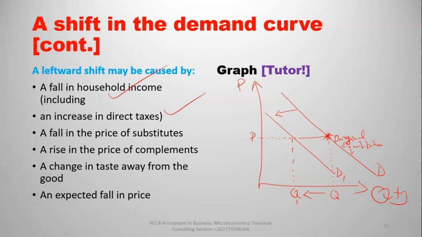Then a fall in the price of a substitute, not necessarily the price of the particular product, but its substitute. When the substitute price has fallen, it means there is also going to be a shift in the quantities demanded of a particular product.